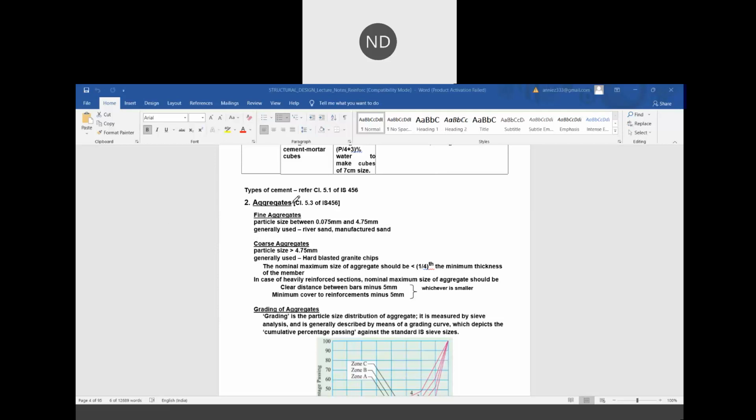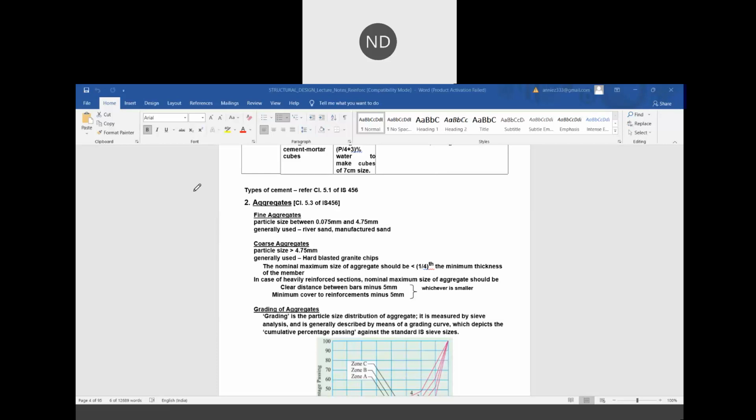So the normal one is 20 mm aggregate, and the maximum if you want is 40 mm, or one-fourth of the minimum thickness of the member.